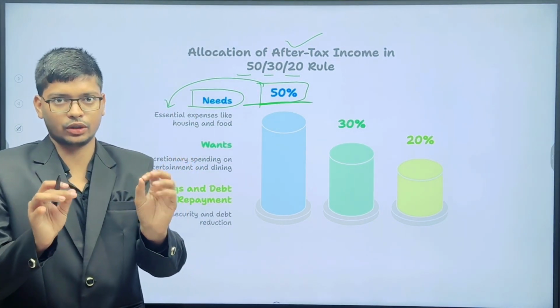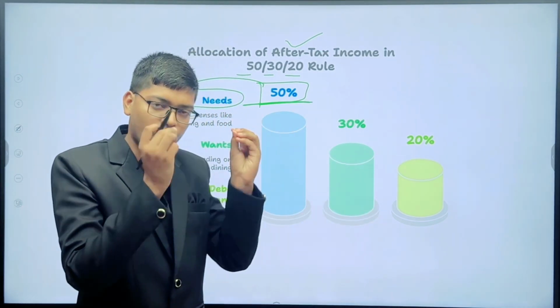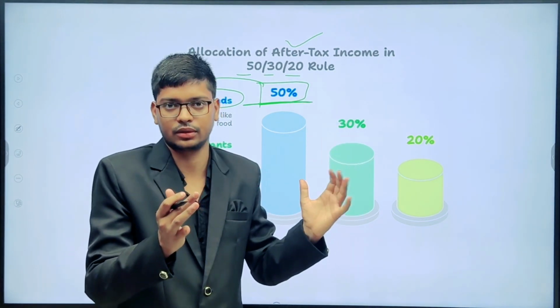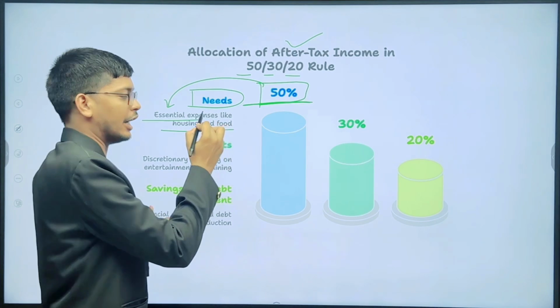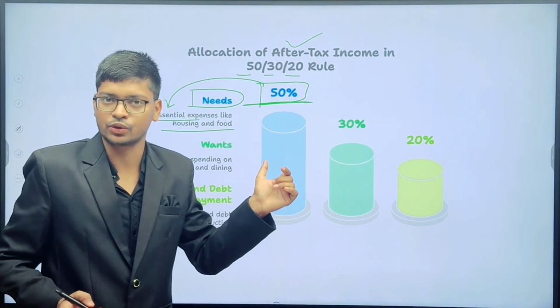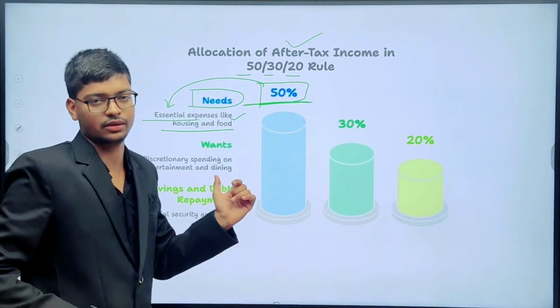First, you write down what your needs are. Then you focus on how to spend and how to budget. Needs mean essential expenses like housing and food. These are very essential for our life, so we have to spend on these things.